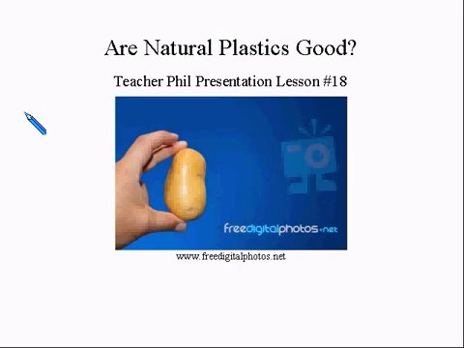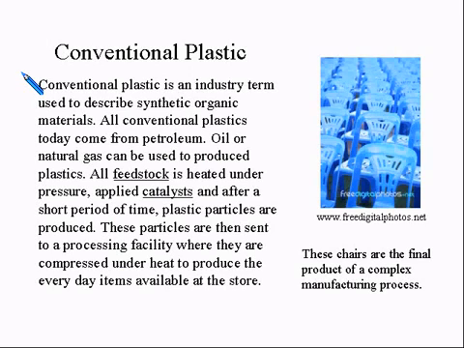So here's lesson 18. This one's about natural plastics, also known as bioplastics. Conventional plastic is an industry term used to describe synthetic organic materials. Synthetic means not natural, and organic means carbon-hydrogen bonds, or something like that.